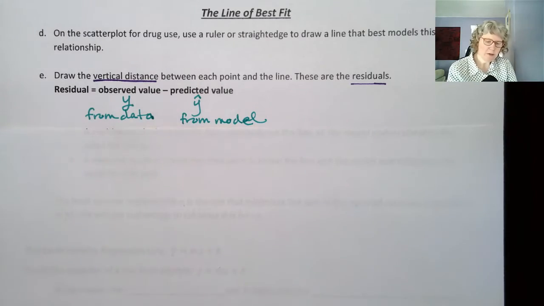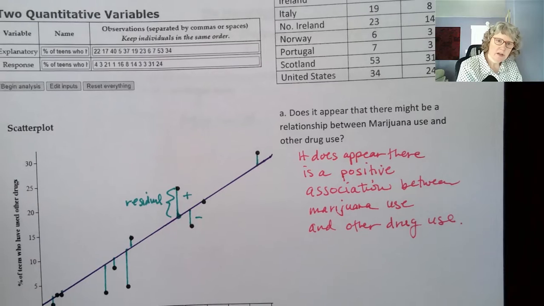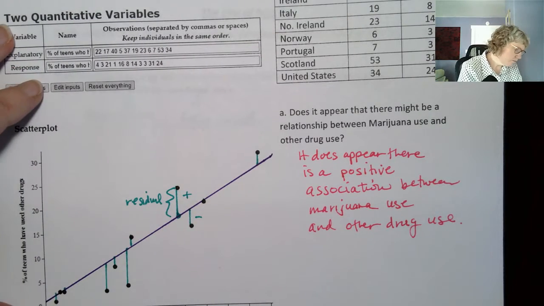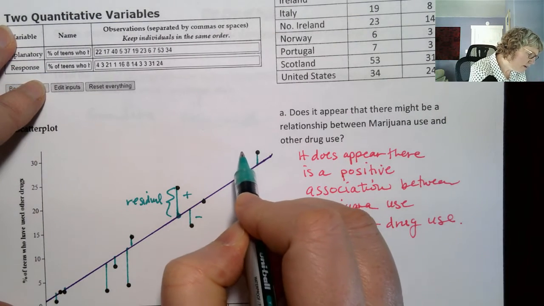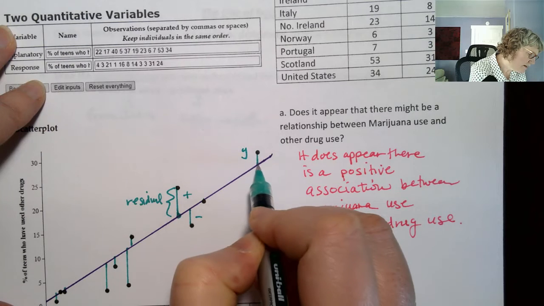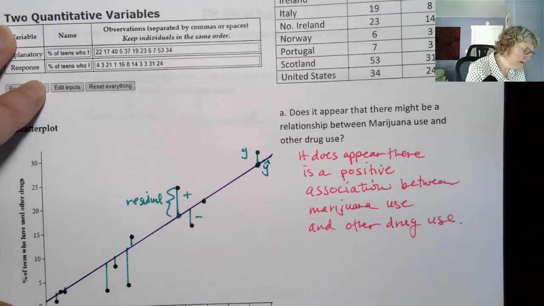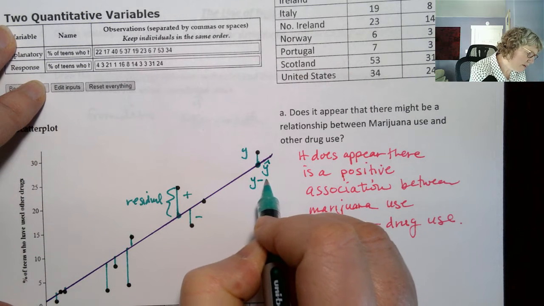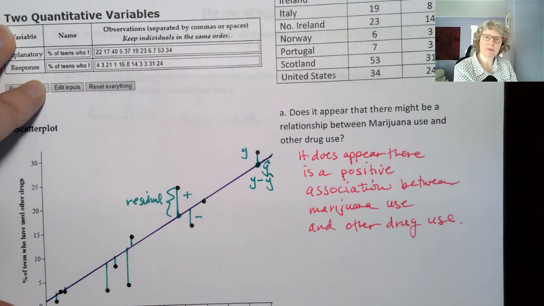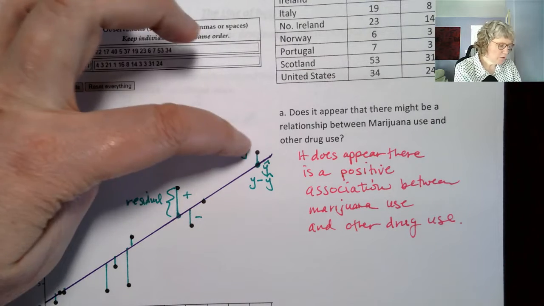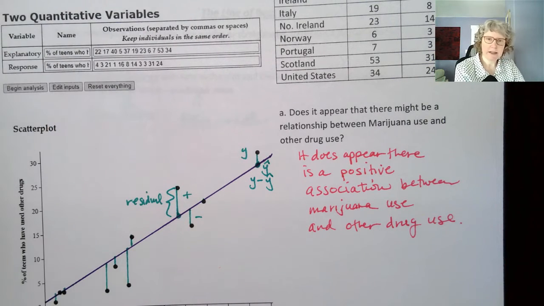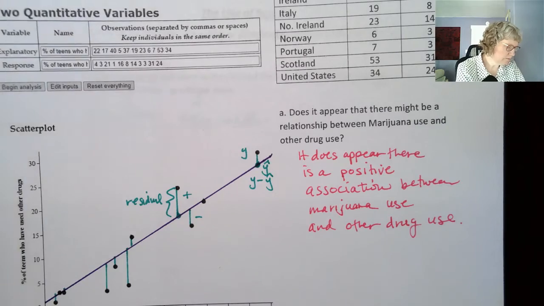So, y minus y hat. If I put that on my diagram, this is y, and the point that's right on the line is y hat. So y minus y hat is the residual, and that will be positive if it's above the line and negative if the point is below the line.